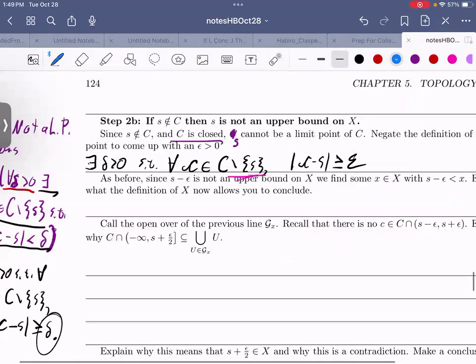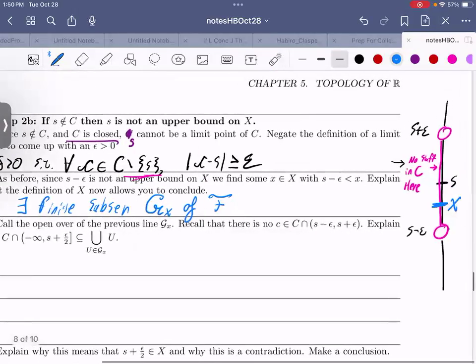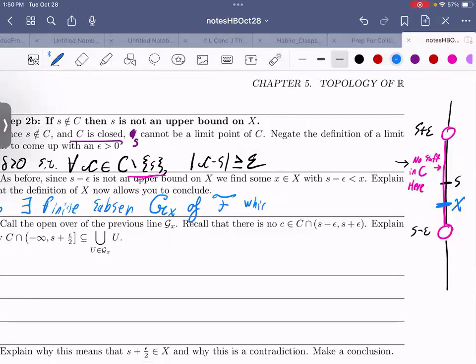And remember the definition of X. So there exists a finite subset G_x of F, which covers C intersect negative infinity to x. It's not squiggly C, just normal C.